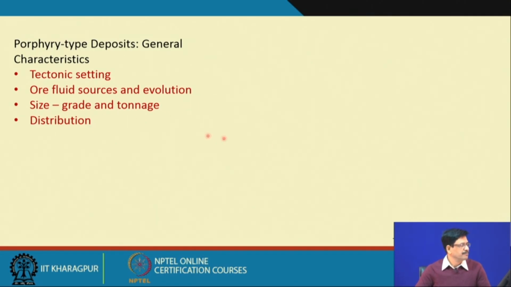They are dominantly copper dominated, which are the porphyry copper deposits, although many of them will have insignificant molybdenum concentration also. There are gold only and molybdenum only porphyry deposits, which we will see.